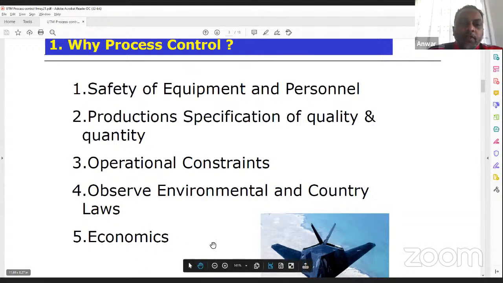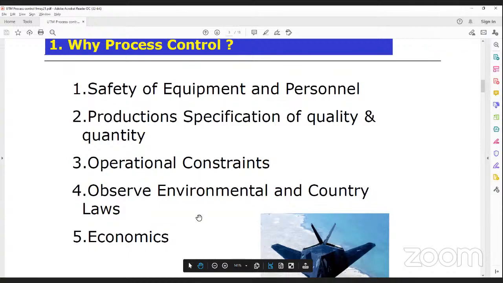And finally, it will be the economics. This will be more into the economics aspect of process optimization.